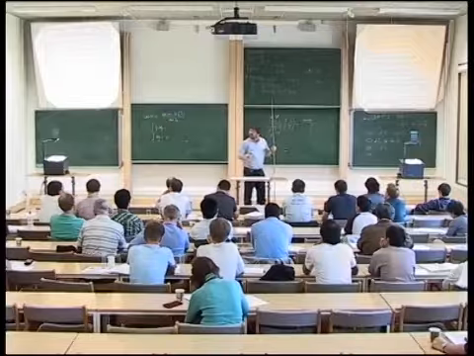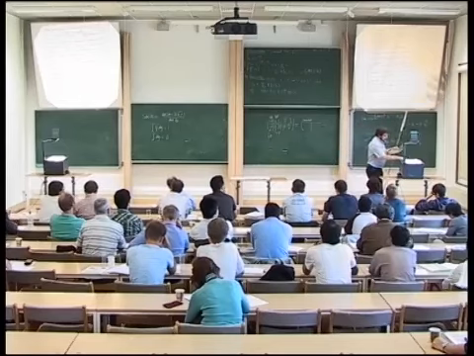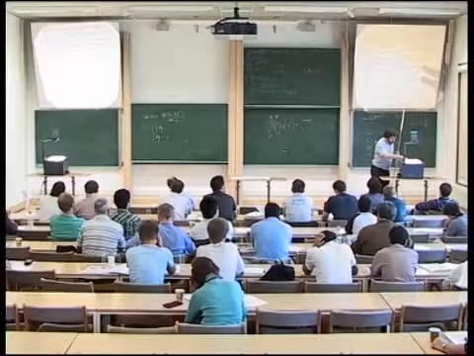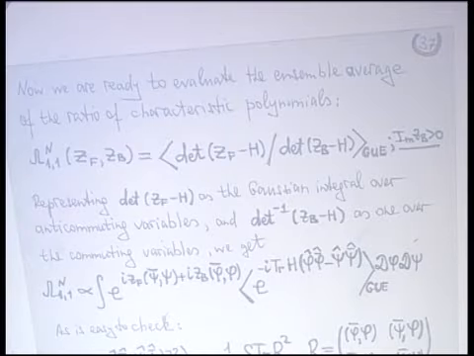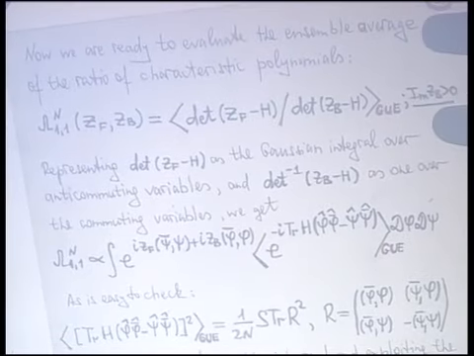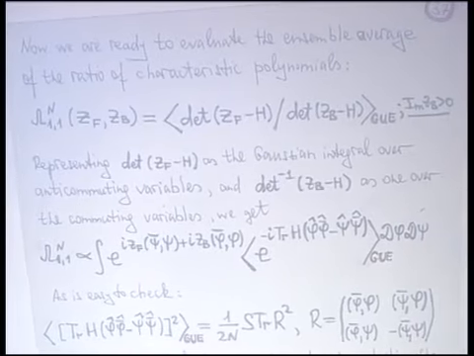Now we are really ready to evaluate the ratio of two characteristic polynomials that we are after. We assume in this calculation that the imaginary part of the spectral parameter in the denominator is positive. We may assume that it's negative if we wish, but the important thing is that it's not 0.